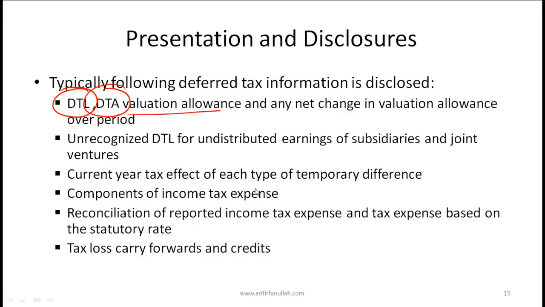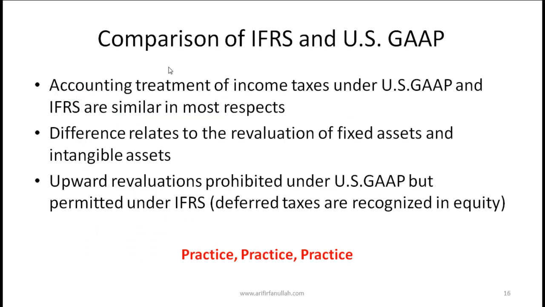And similarly, comparison of IFRS and US GAAP. Here again, my view is that this is not a very high probability question. Just recognize a few larger points, and then if you feel super diligent, you can go through the long exhibit or the long list of differences between IFRS and US GAAP in the context of income taxes.